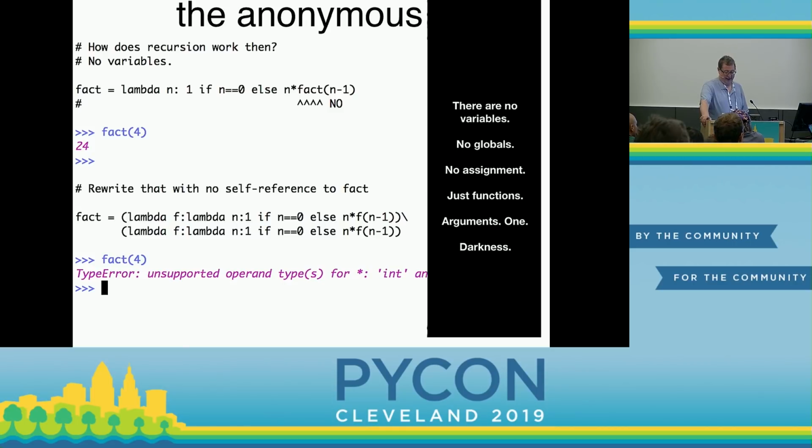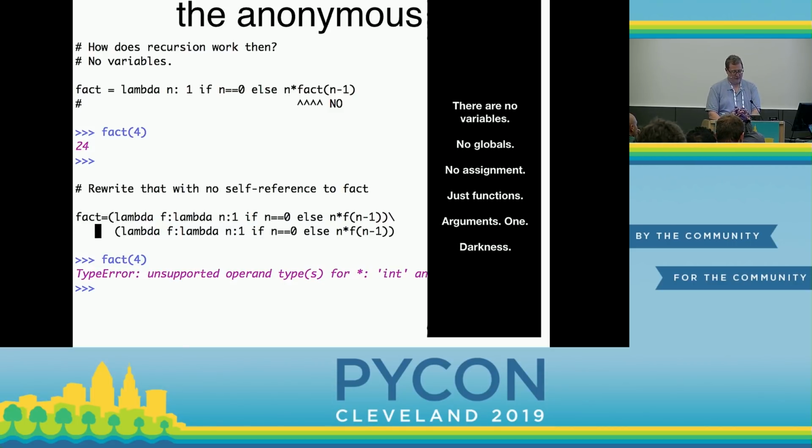What is wrong there? Well, the very first time you're doing it, it expects a function. You're passing in an int. The thing that's wrong here is I'm not following the API. The API to this thing is you pass a function first and a number second.